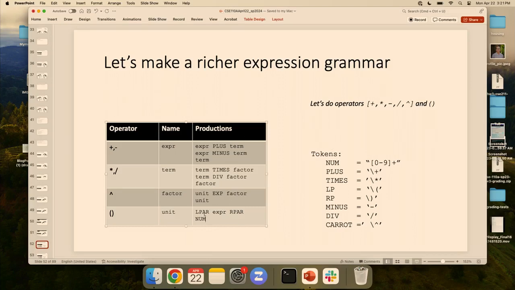Right. The reason why we have the expression here is if you have something like 5 plus 6 times 3. If you wanted to say I want to do the addition first, you would put 5 plus 6 in parentheses, right? That would match this times: you'd get a term times a factor.